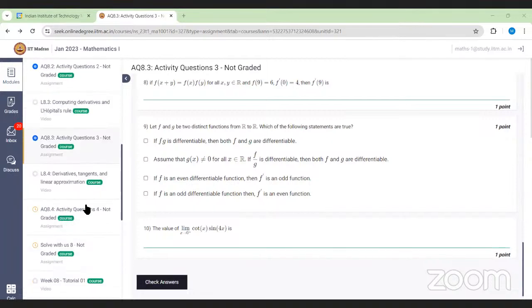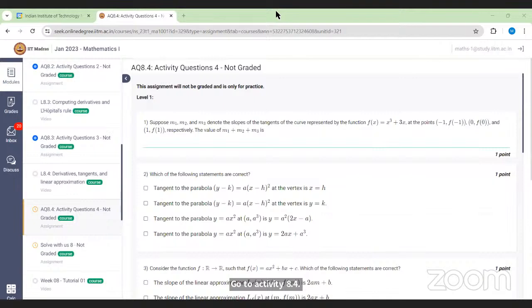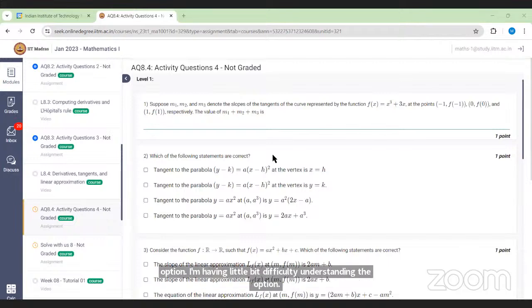Go to activity 8.4. Is there any doubt in 8.4? Ma'am, in question number 2, the first and second options, I'm having a little difficulty understanding the options. Tangent to the parabola at the vertex.